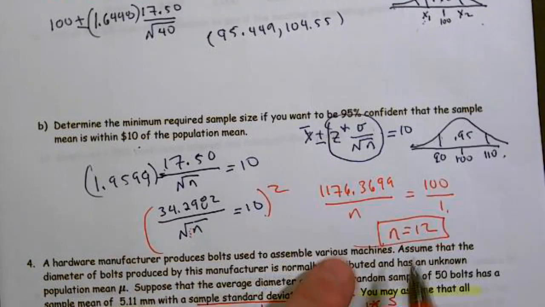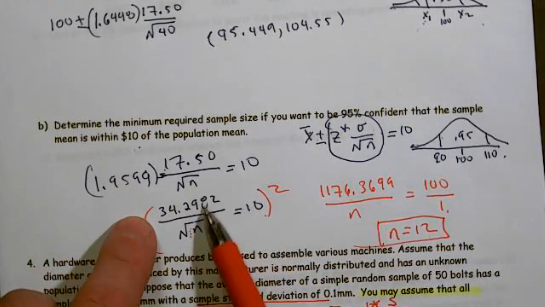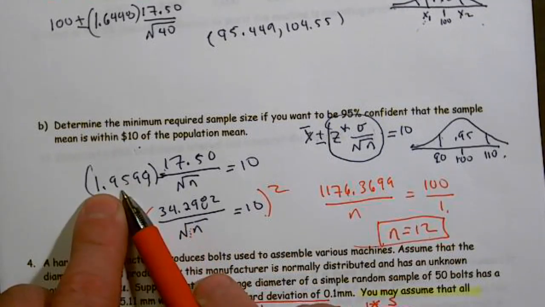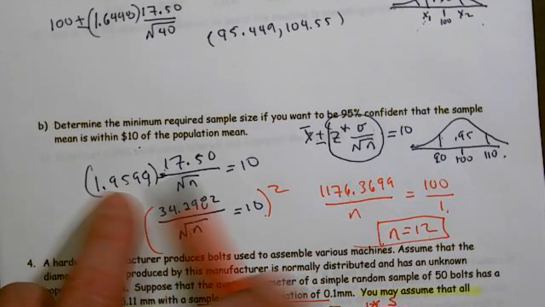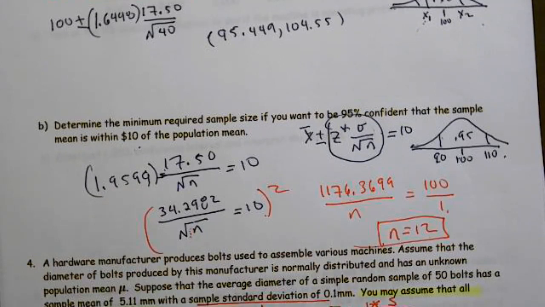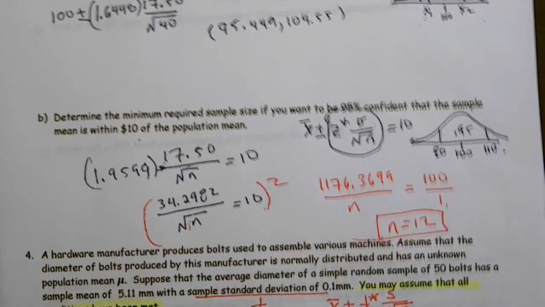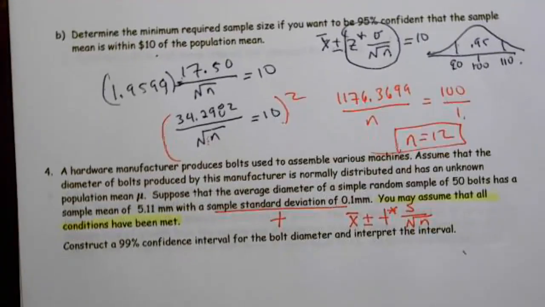So the value that works out best for that is 12. Once again, all we did was calculate a Z star, multiply these, square the entire thing, and then solve by proportion. This is like the only real math that we really do in this class.